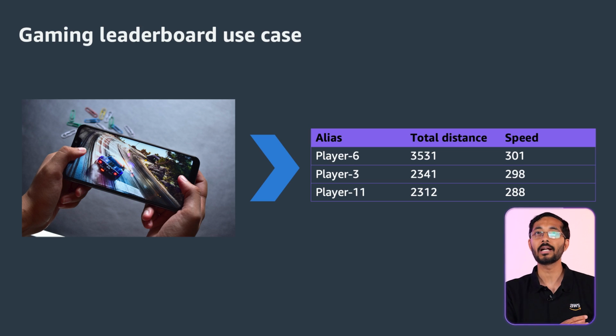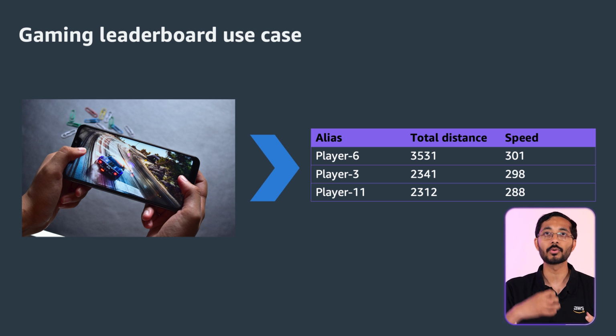So let me give you an overview of the gaming leaderboard use case. Imagine you have a car racing company where lots of players are playing this online racing game together, and as they keep playing, you continuously gather data from the events generated by this game, which contains the speed of the car, the distance that the car is traveling, etc., along with the player ID.